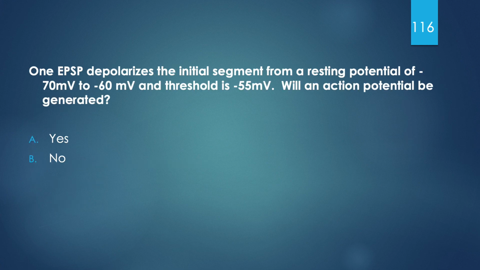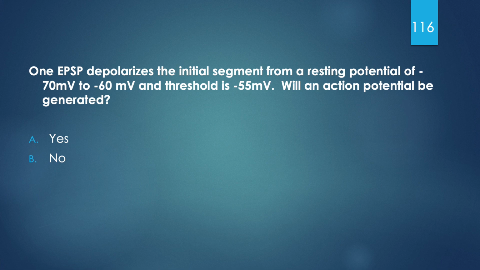Okay, here's a much more specific question. One EPSP depolarizes the initial segment from a resting potential of negative 70 millivolts to negative 60 millivolts, and the threshold is negative 55 millivolts. Will an action potential be generated? A, yes.